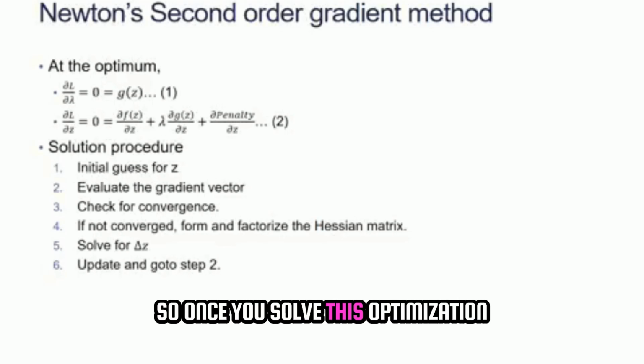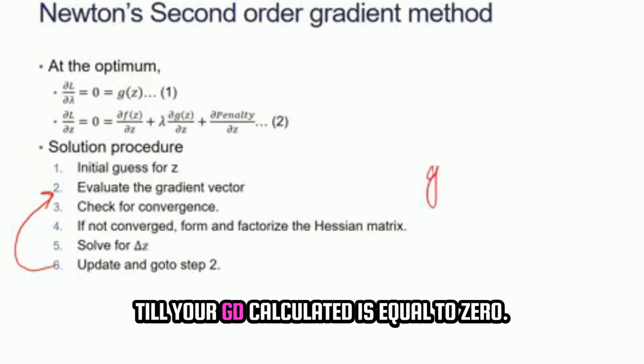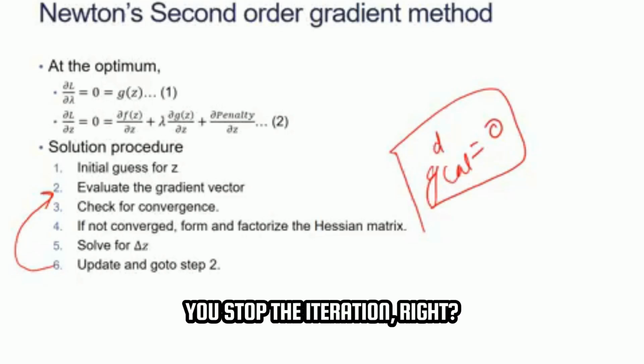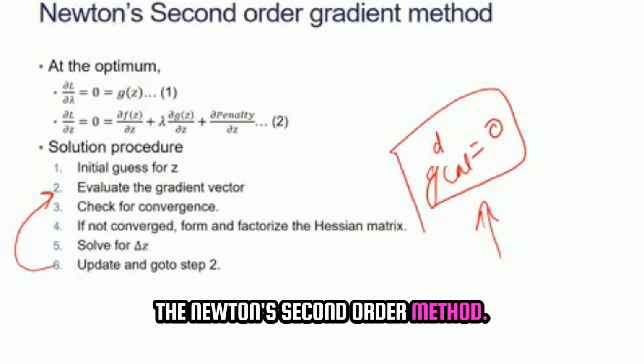Once you solve it, you go back to the second step, and you keep on doing it till your GD calculated is equal to 0. As soon as you arrive at this, you stop the iteration. I hope it is clear to everyone. So this is the way we solve the Newton's second order method.